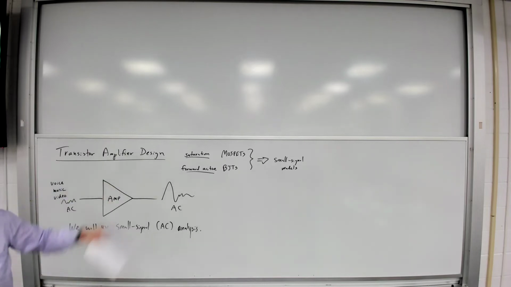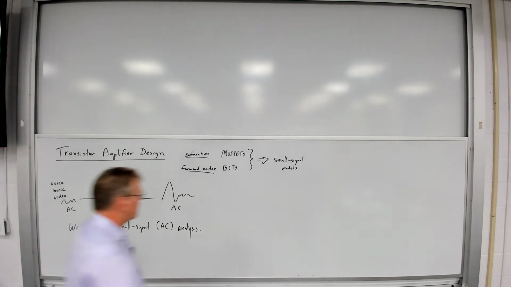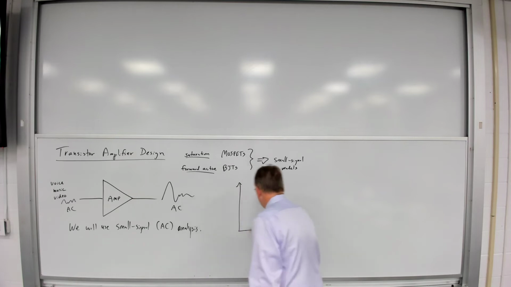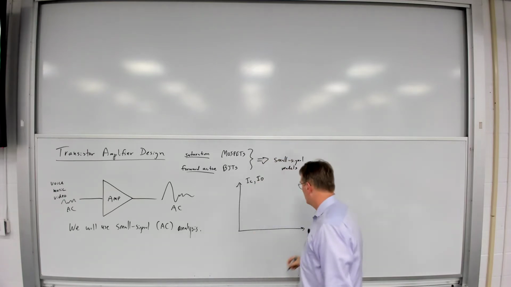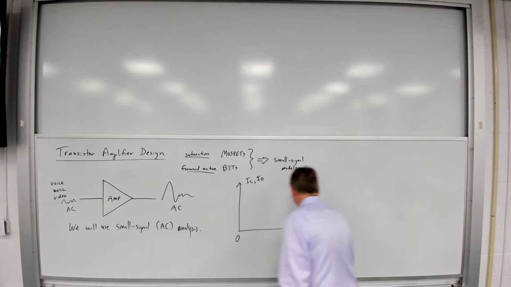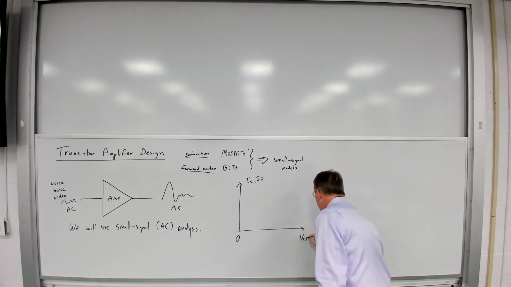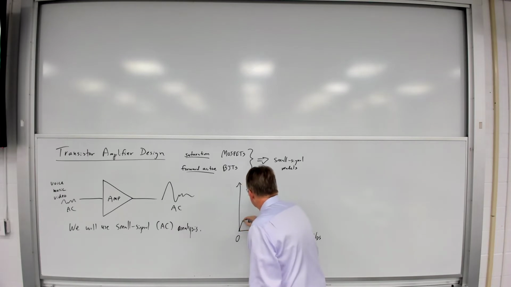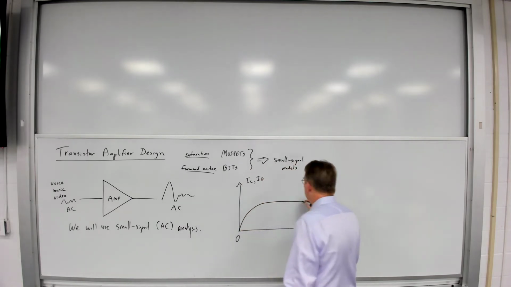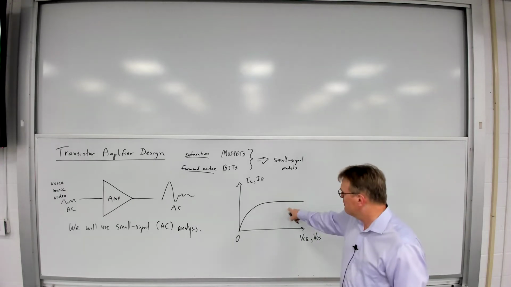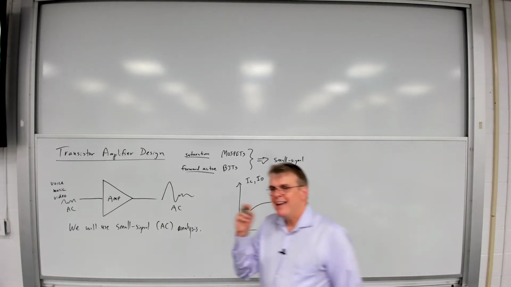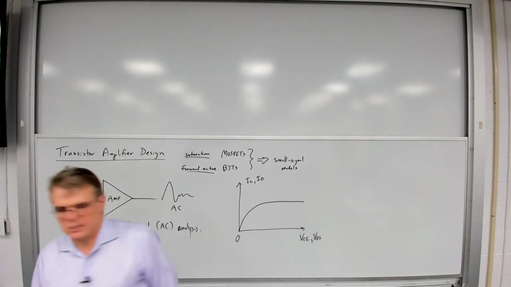So we're going to create small signal models that correspond to those operating conditions. And why do I care about saturation and forward active? Because as we recall, when we looked at either IC or ID, the collector current or the drain current, and we plotted that against VCE or VDS, in both curves for both the MOSFET and the BJT, we saw this type of behavior. Out in this region, as we pointed out before, both the MOSFET and the BJT behave like a current source.